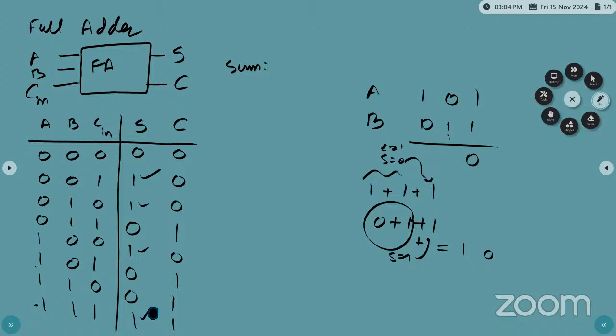The input combinations are A bar B bar C, A bar B C bar, A B bar C bar and A B C. What is the input combination? This one, A bar, B bar, C.